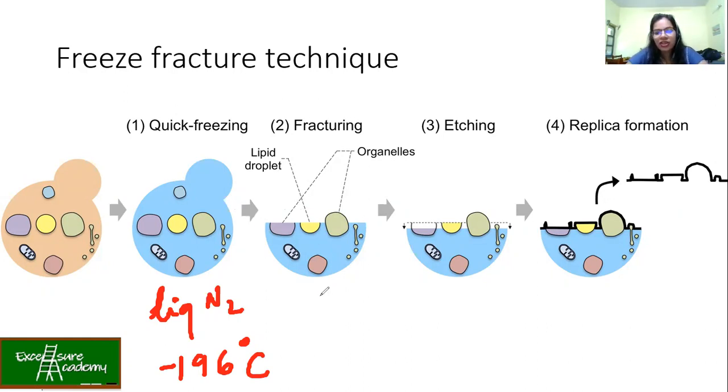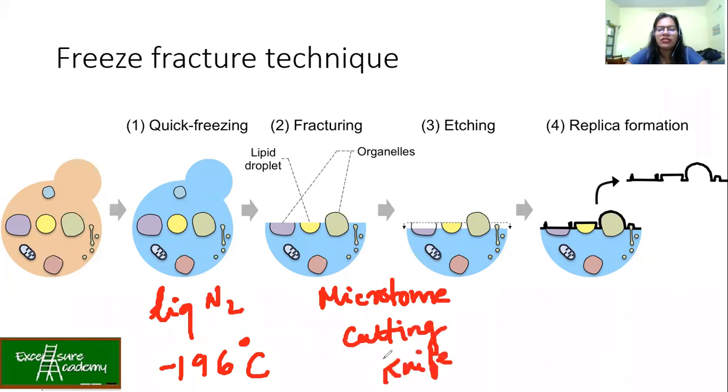This fracturing is done with the help of the microtome, that is cutting. So in simple words, microtome is nothing but your cutting knife. So you have made an incision over here and opened. So what you see over here, half of the structures is maintained like this, correct? Now etching, that is done under the vacuum.